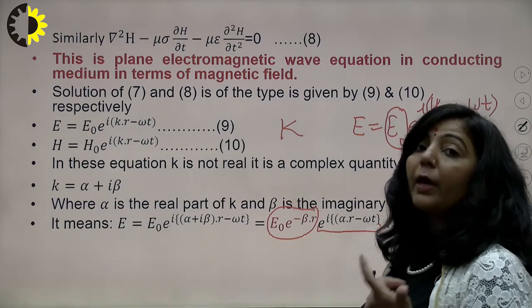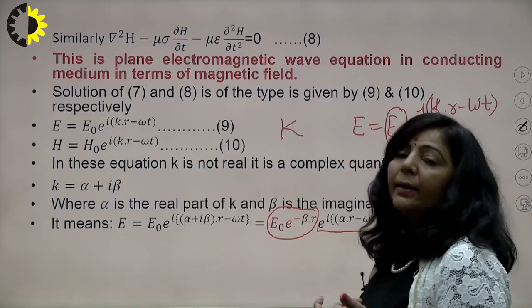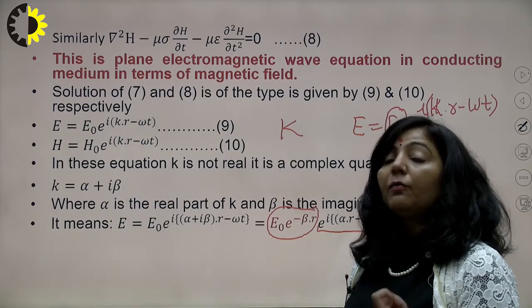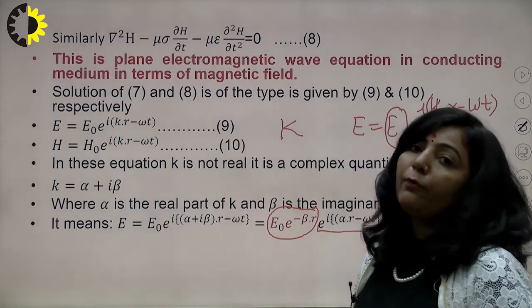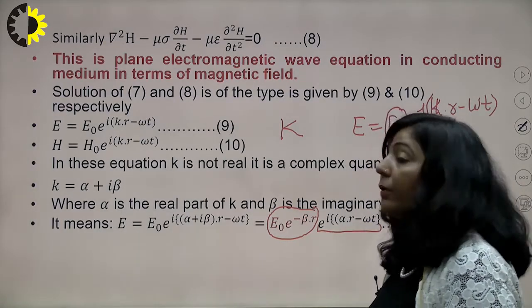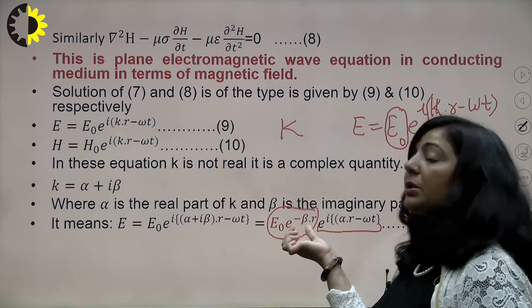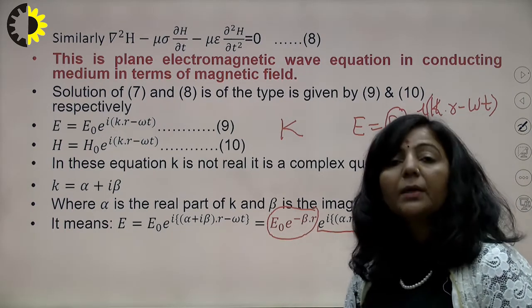So the role of k is played by the real part of the propagation vector in conducting medium. And one more change is there: the amplitude of electric field vector is not fixed, not constant. That amplitude has this exponential decay term e raised to power minus beta dot r.